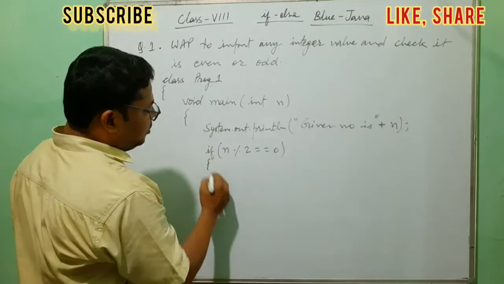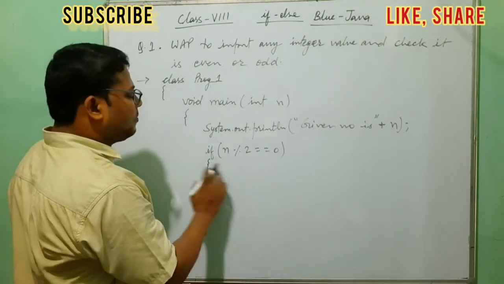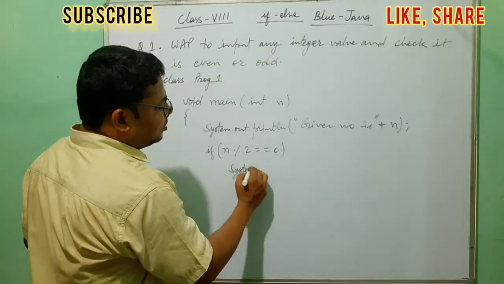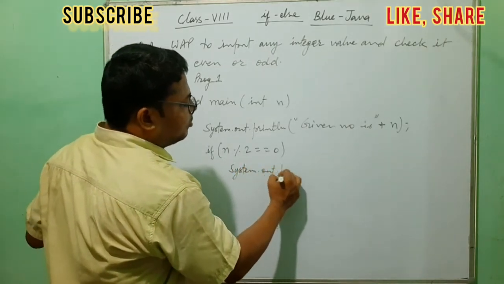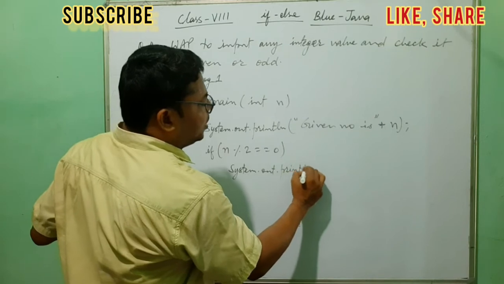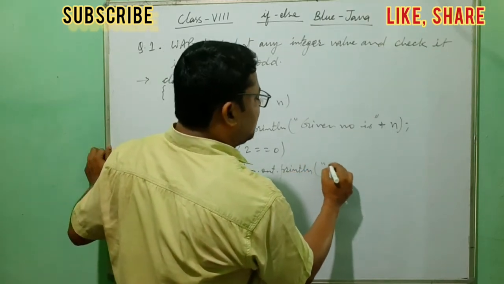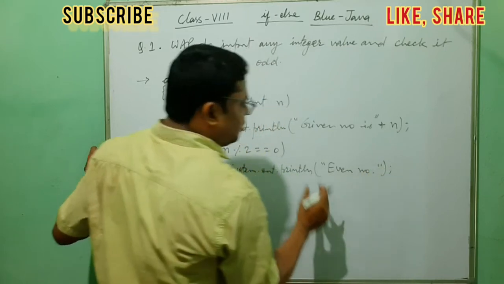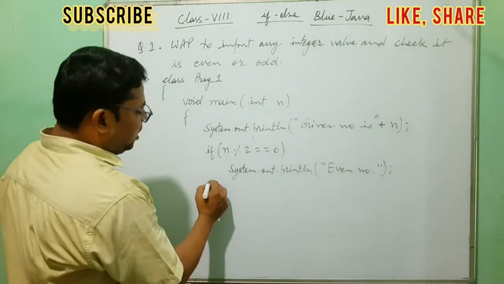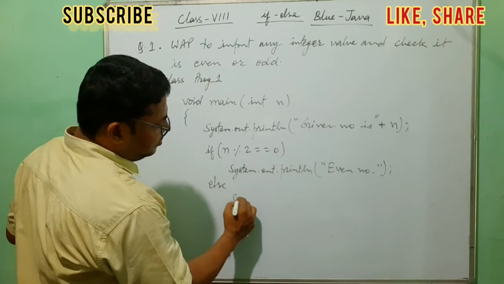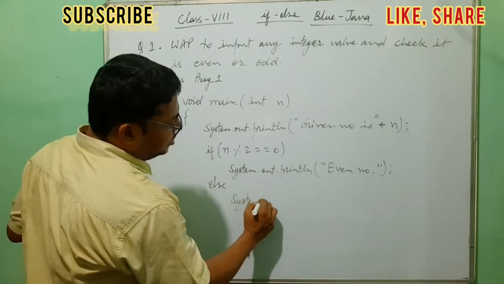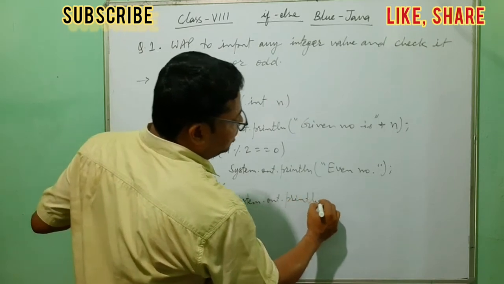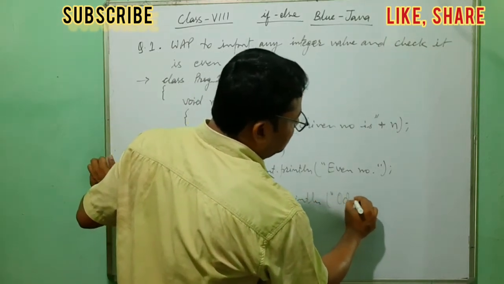Then you can give the brackets, or if you are adding one statement without brackets we can also use that. Okay, System.out.println, and you can directly write here even number. If you want to display the number you can also display it, and else System.out.println odd number.